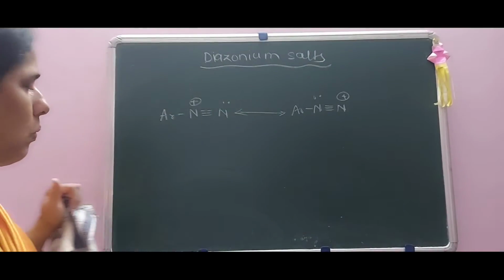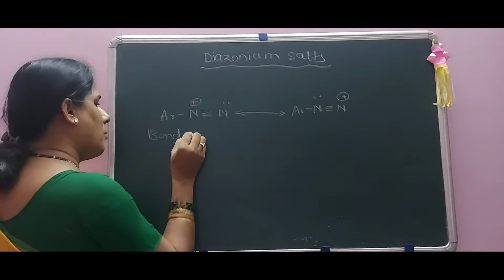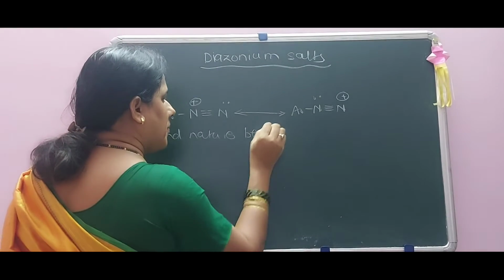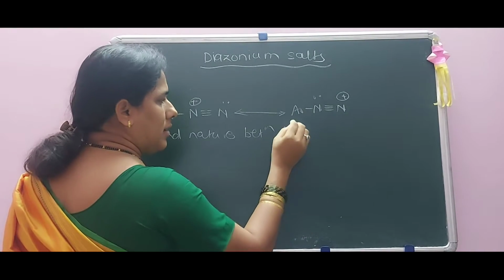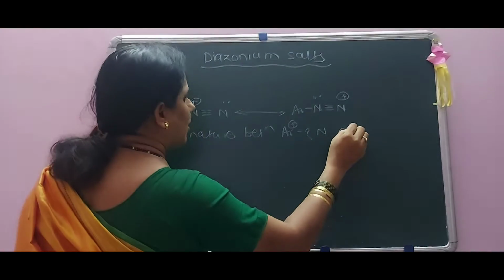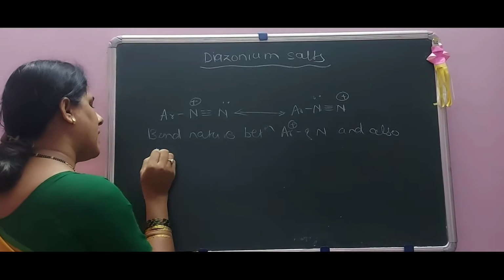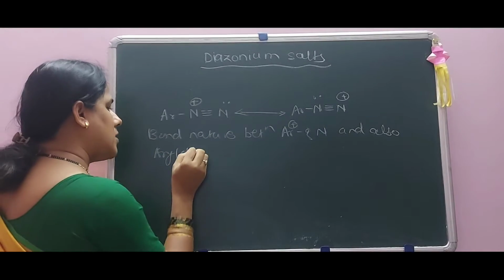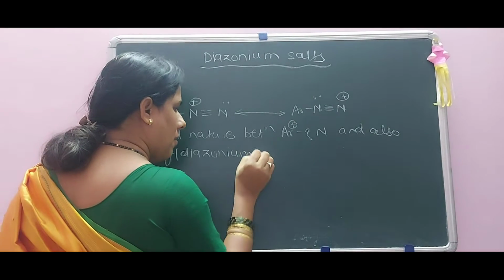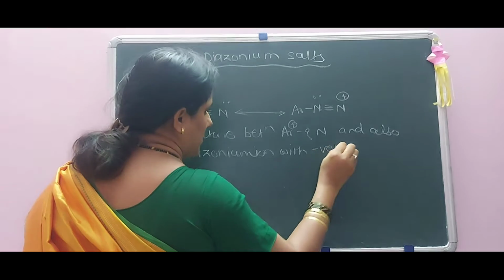Okay, now the bond nature between the aromatic carbocation and nitrogen, and also the aryl diazonium ion with a negatively charged species.